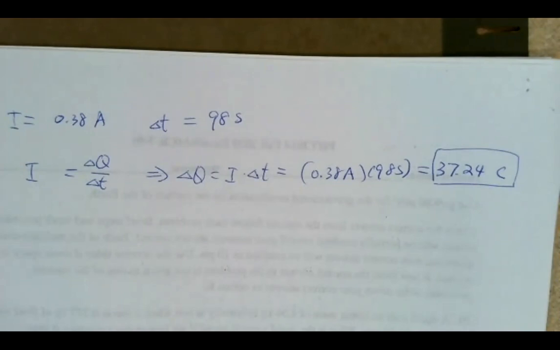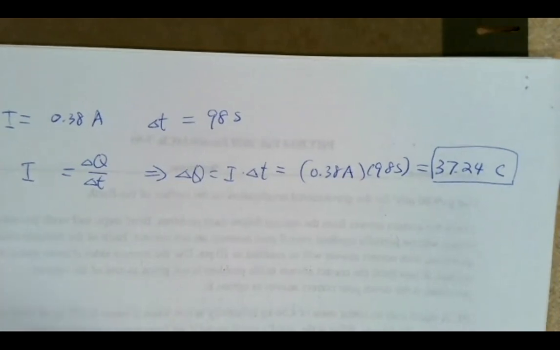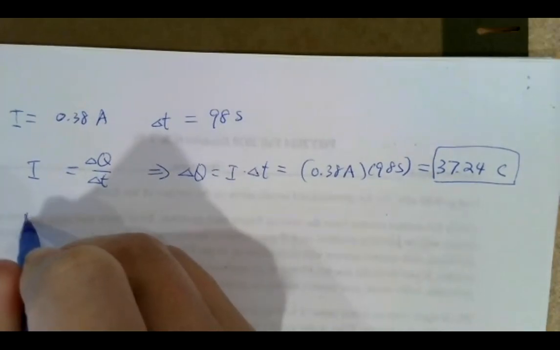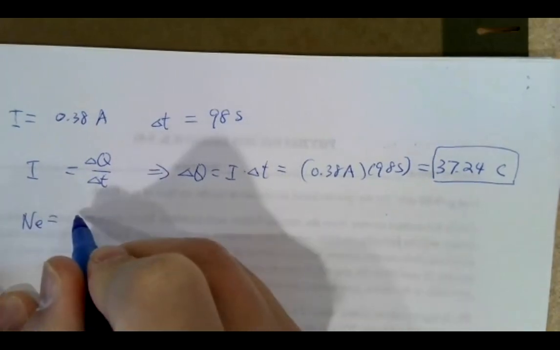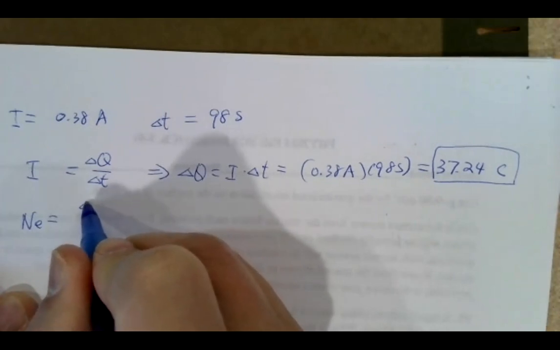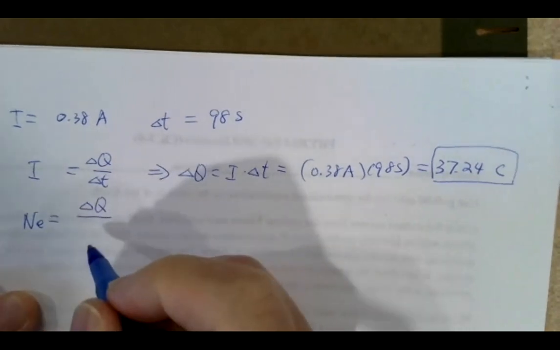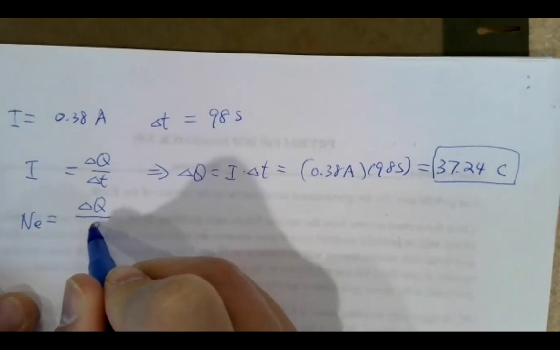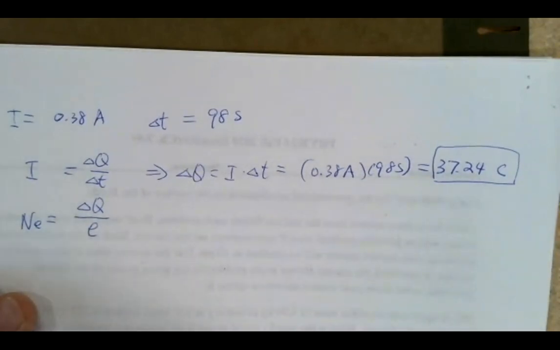The second question is asking how many electrons flow through the light bulb in this time. If you have a light bulb, the conductor here will be the metal, so the electrons are the carrier. You're looking for a number of electrons. That should be equal to the total charge that flows through divided by the charge of the electron. I'm going to use e for the charge of each electron.